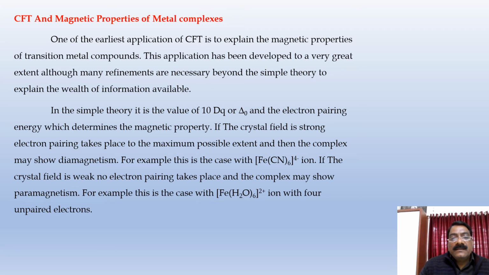For example, this is the case of the [Fe(CN)6]4- ion. If the crystal field is weak, no electron pairing takes place, and the complex may show paramagnetism. For example, this is the case of the [Fe(H2O)6]2+ ion with 4 unpaired electrons.